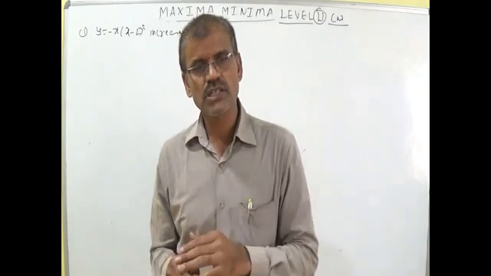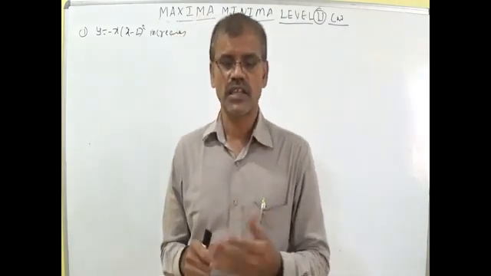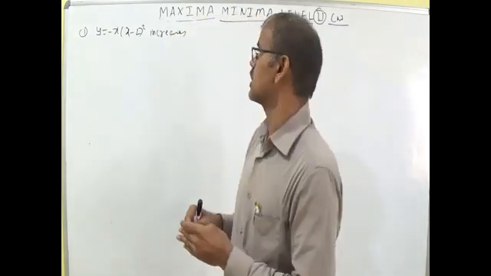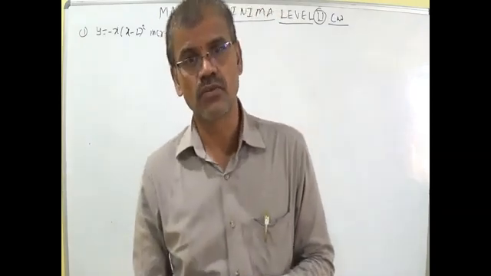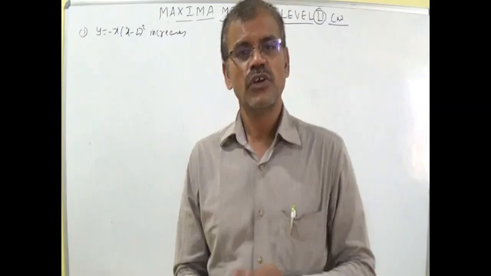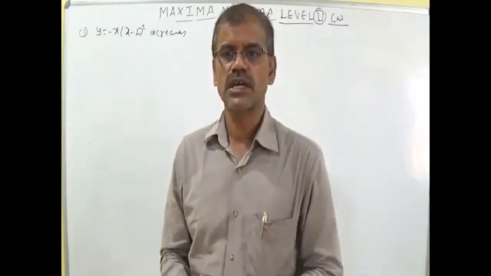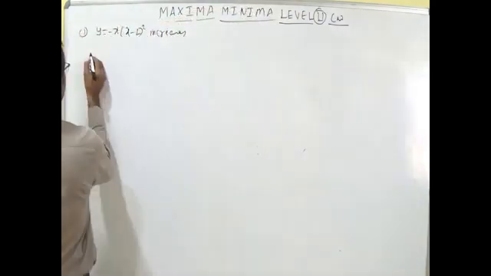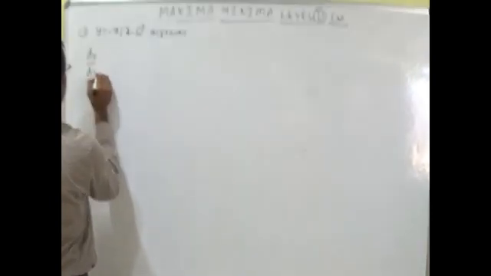If strictly increasing, f dash is greater than 0. If simply increasing, f dash is greater than or equal to 0. But according to the options, you should take only f dash x greater than 0.